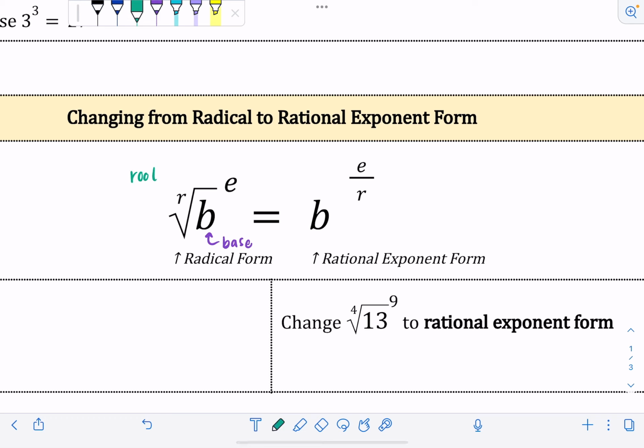Remember, index is the more formal term, but root works a little bit better here. And then for E, it's the exponent because it's being raised to that power. So B is the base, the number inside the radical. R is the root, like the index or the type of radical it is. And then E is the power that it's being raised to.